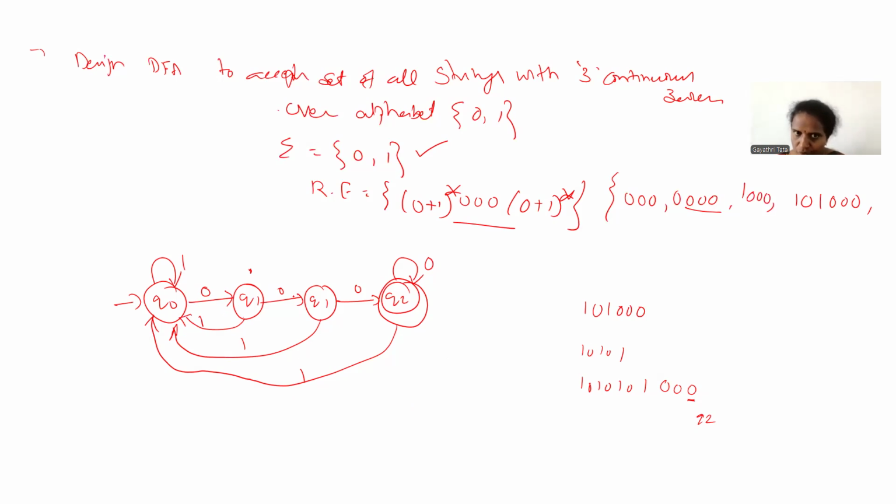After that, 0 0 0. It is reached to the final state. Now, whether this automata is the correct or not, for that, I'm taking that 1 0 1 0 0 1. There is no three continuous zeros in this string, right? Actually, it is not derived by our automata.